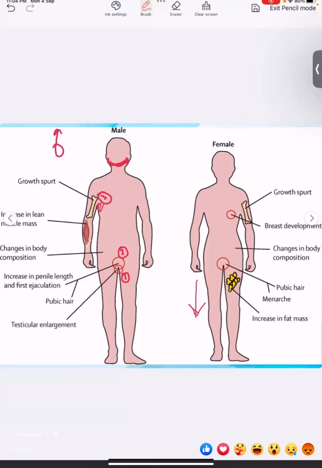So in case of male, the signs appear from downwards to above. Okay, so this is a male. All right. In case of female, breast formation is the first sign of puberty. Second step is pubic hair formation, and third step is the menarche.